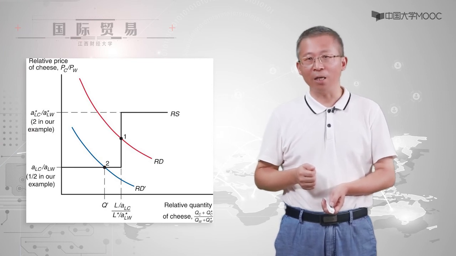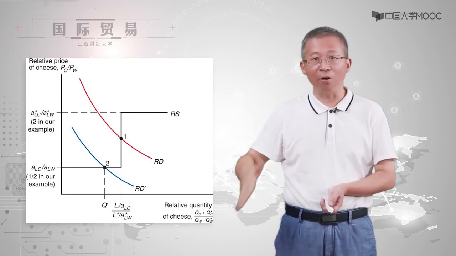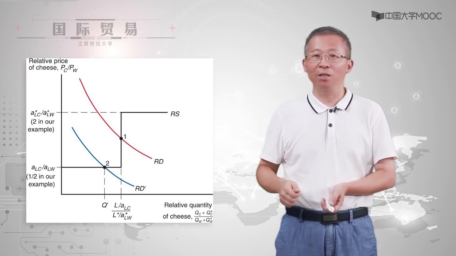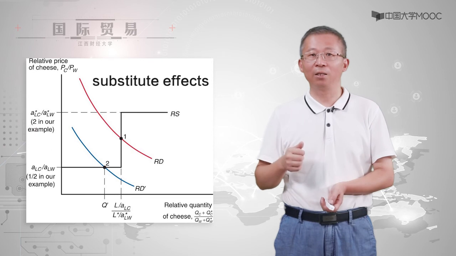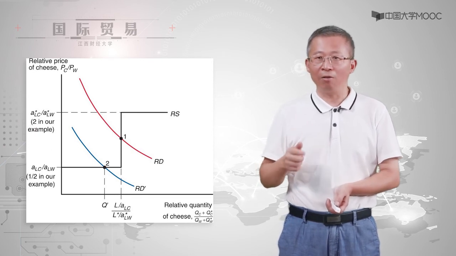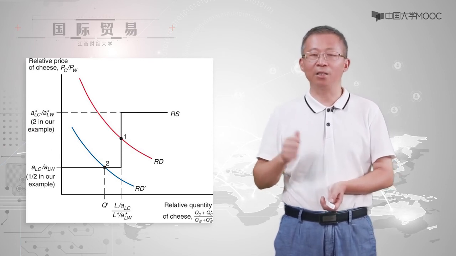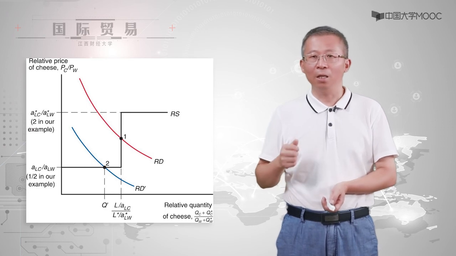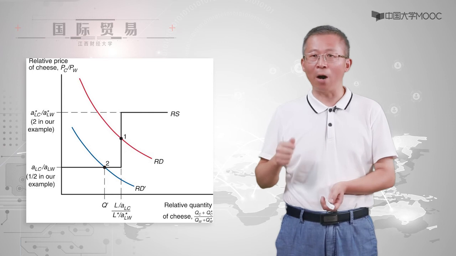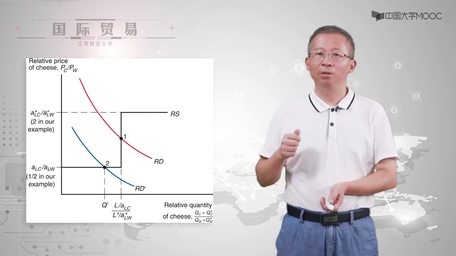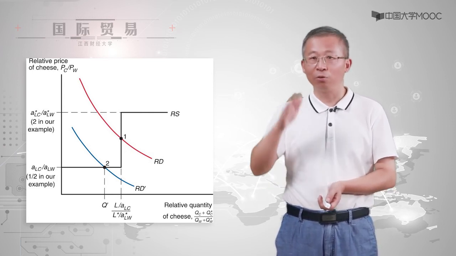The relative demand curve is downward sloping, which reflects the substitution effect. As the relative price of cheese rises, consumers tend to purchase less cheese and more wine, so the relative demand for cheese falls.